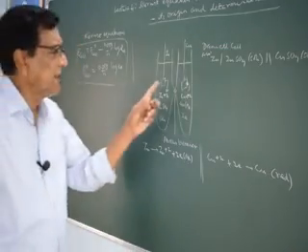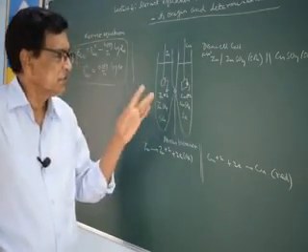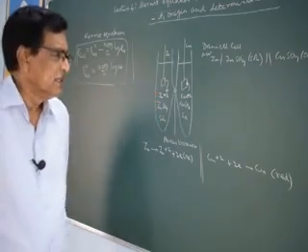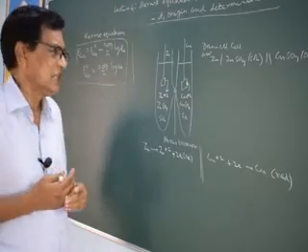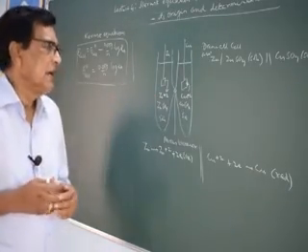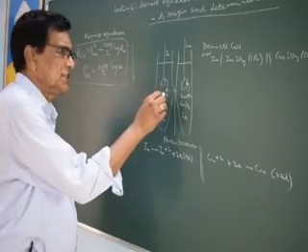So whenever a minute amount of zinc is dissolved in the solution forming zinc ion, the solution becomes positively charged due to excess of zinc ion. And this will prevent further dissolution of zinc ion.